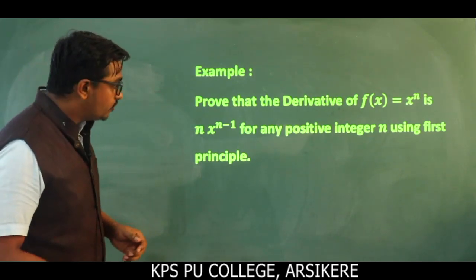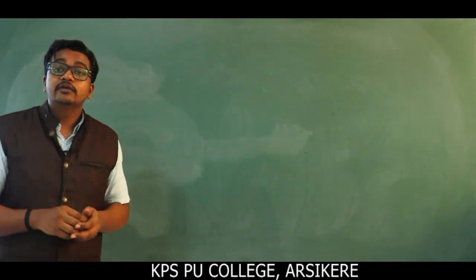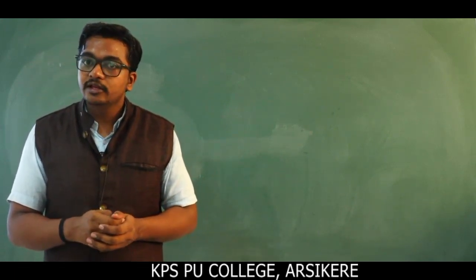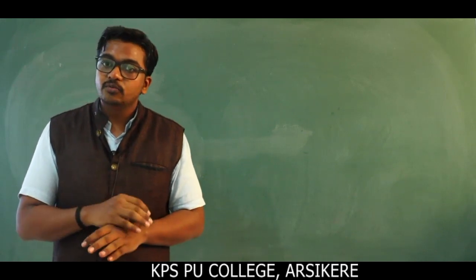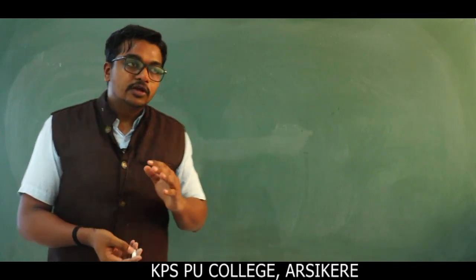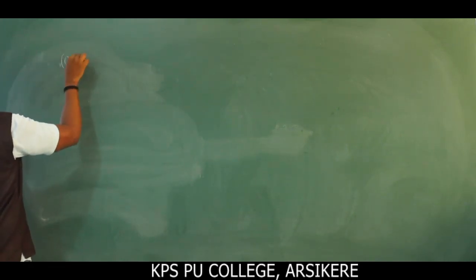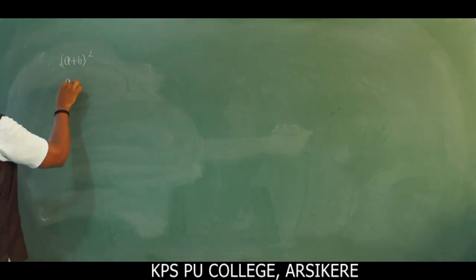Okay, so before discussing this problem, I have to give a brief introduction to the binomial theorem. Actually, the binomial theorem was in your syllabus, but unfortunately this year the topic has been removed from your syllabus. The binomial theorem is important because we already have the formulas for a plus b whole square and a plus b whole cube.